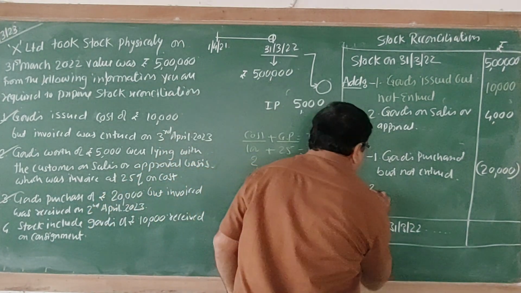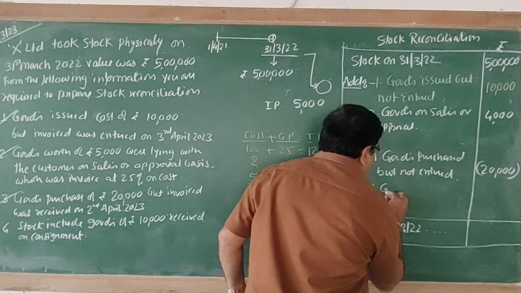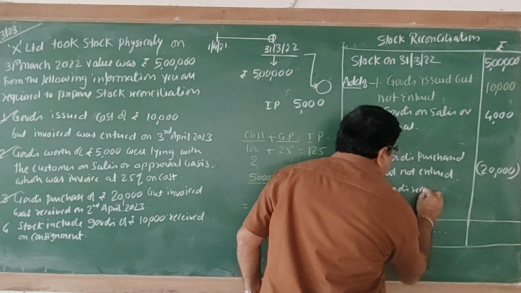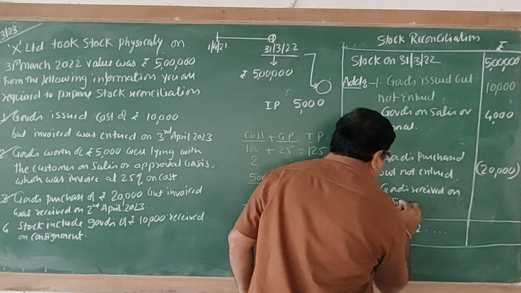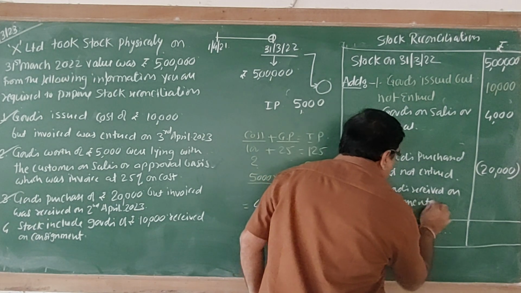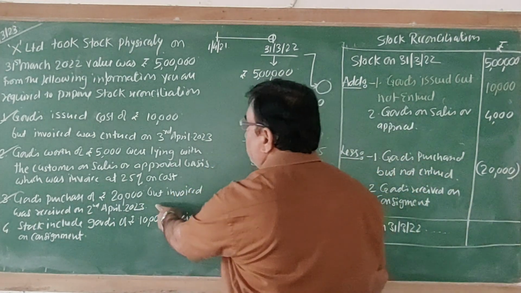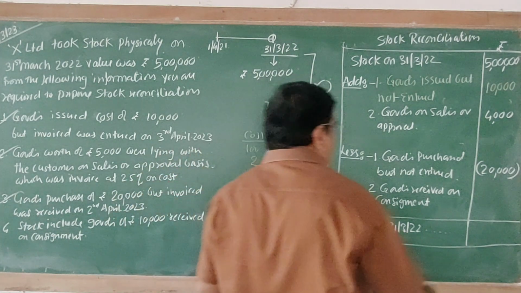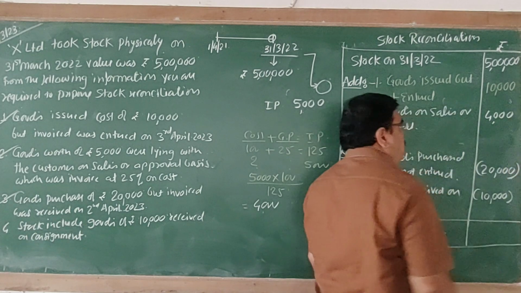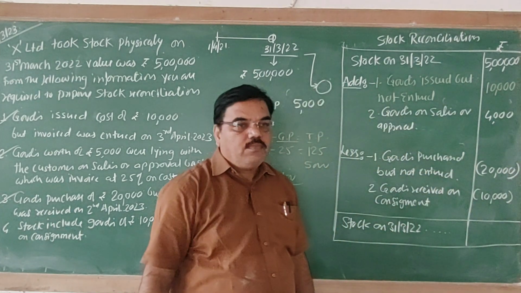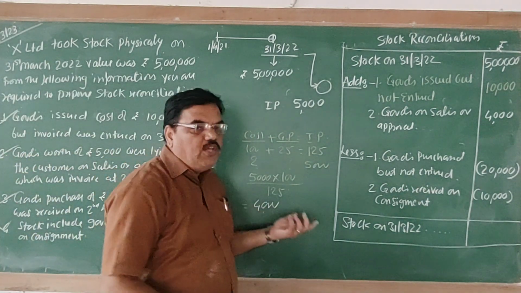तो second point, goods received on consignment. कितने का गुड्स है वो 10,000. चलो ये भी हो गया, ओवर, फिनिश.